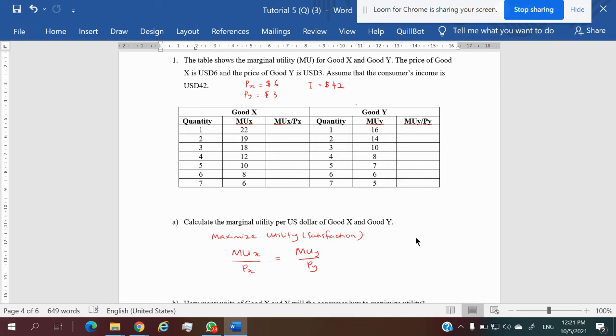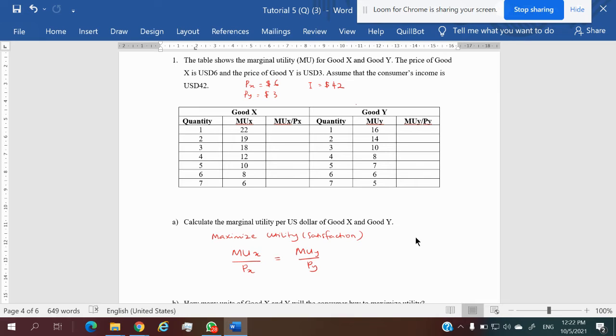Okay, class. We have already been given MUX here and MUY. MU is marginal utility, the additional satisfaction that you receive when you add more goods or use more goods.